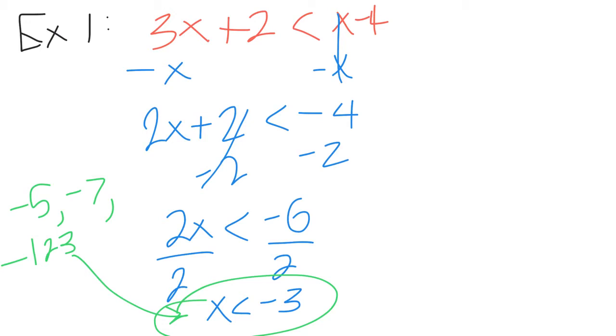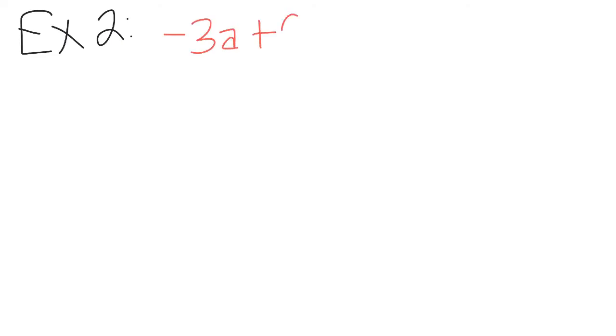So let's look at another example. Example number 2 goes a step further. We have -3a + 6 > 18.